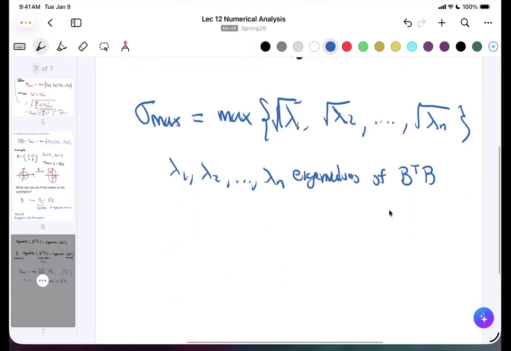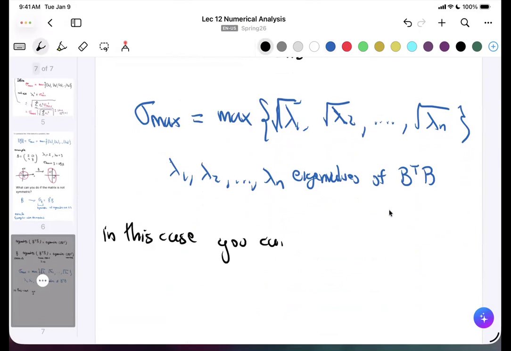And then in this case, you can prove, I mean, that is harder, but you can still prove that the matrix norm is this sigma max. So for any matrix, whether it's rectangular or not, its matrix norm is always the largest of the singular values.